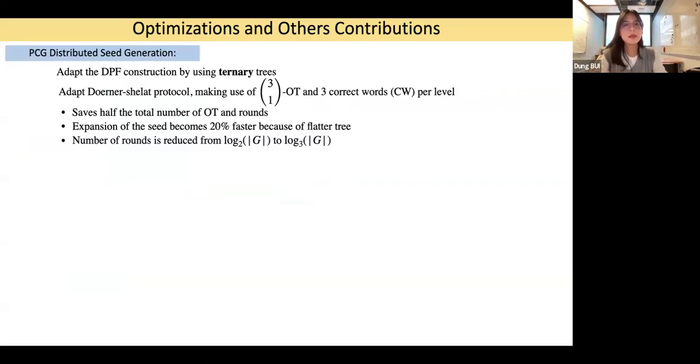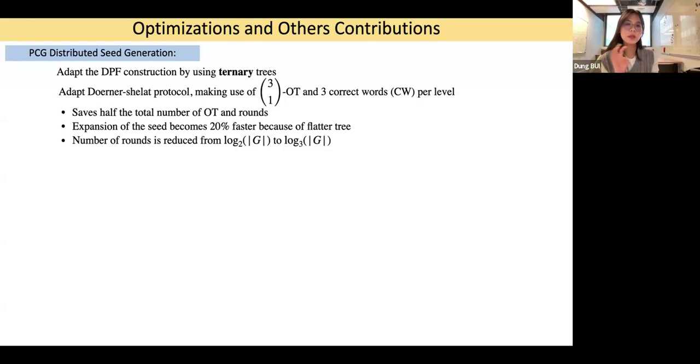The optimization for the BCG is in terms of distributed correlation generation, because in the end of the day we want Alice and Bob to distribute the correlation without a third party, and we also want everything to work well with the field F3, so we adapt the distributed point function.